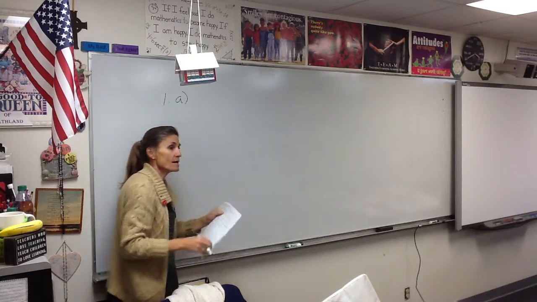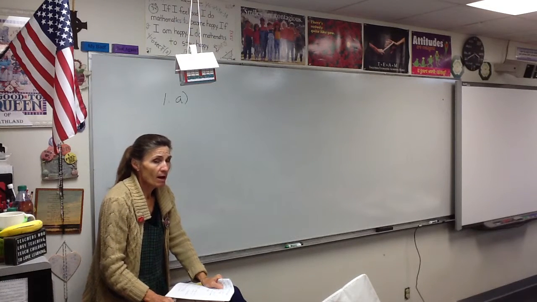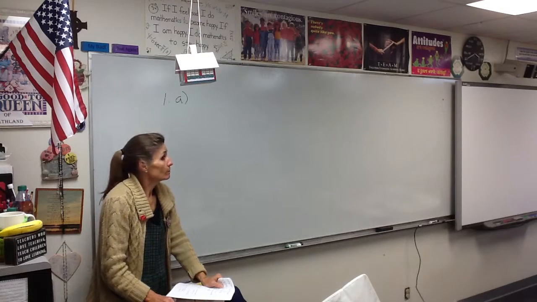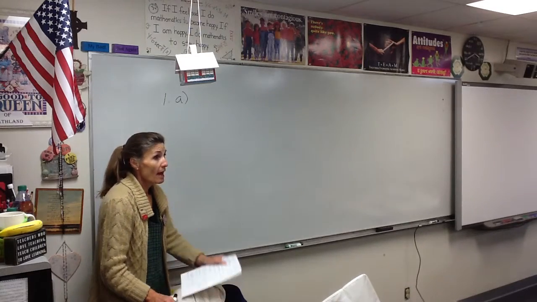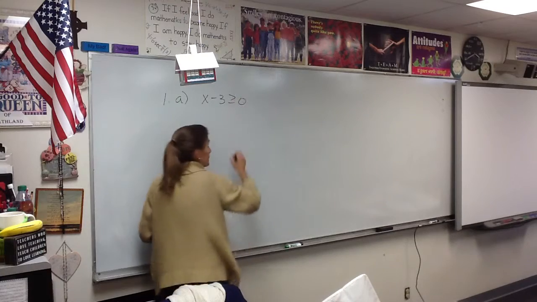What's the domain? Okay, wait, this has a radical, doesn't it? Zach Bond, what do I know about radicals? Okay. No, it's not equal to 0. Careful. Whatever is under the radical has to be bigger than or equal to 0.